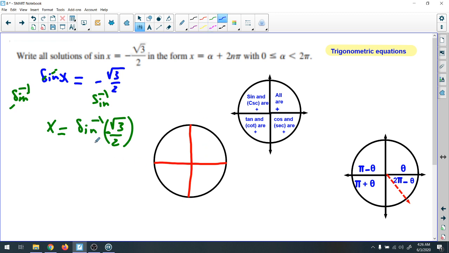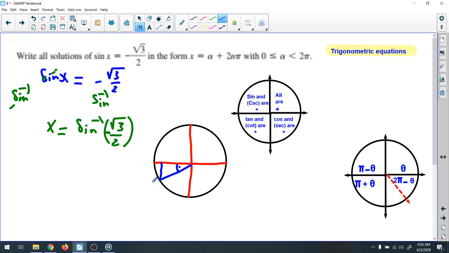And the negative sine, as we know, should be in the third and then in the fourth. Remember that sine of 60 is square root of 3 over 2. So this is the angle here, 60.